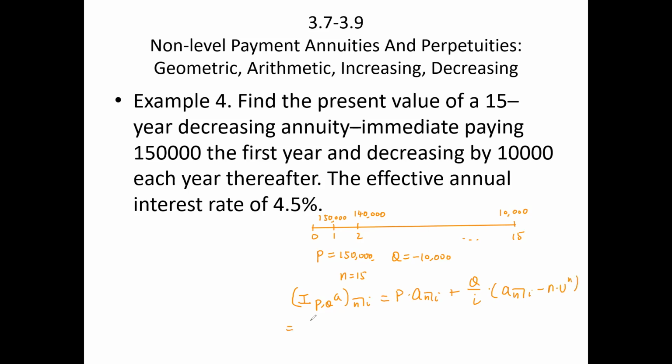Just plug in these numbers: 150,000 times a sub 15 angle 0.045, minus 10,000 over 0.045, times (a sub 15 angle 0.045 minus 15 times 1 over 1.045 to the 15), and then another parenthesis.